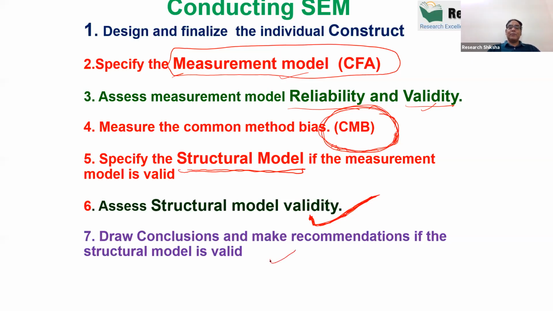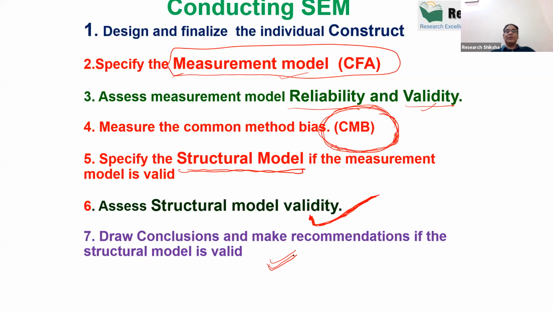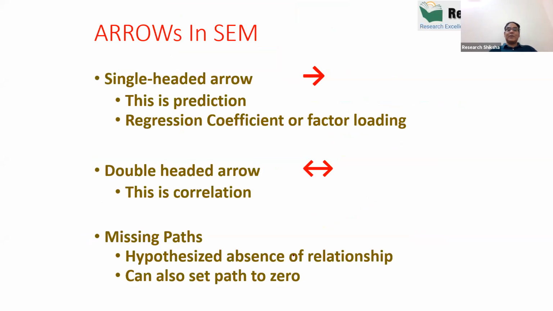Then you can make conclusions. So these are the steps which I am going to follow, and I will explain each and everything in the process. These are the two arrows as I explained. The single-sided arrow is known as prediction. We are doing this cause and effect relationship, and the double-sided arrow is called correlation.